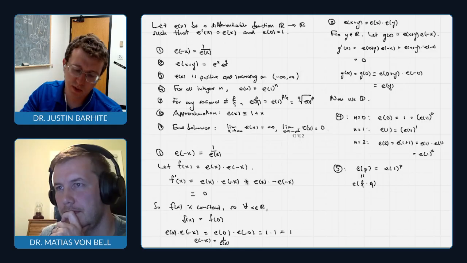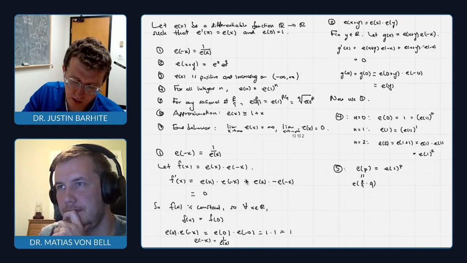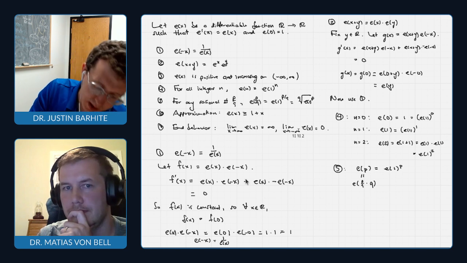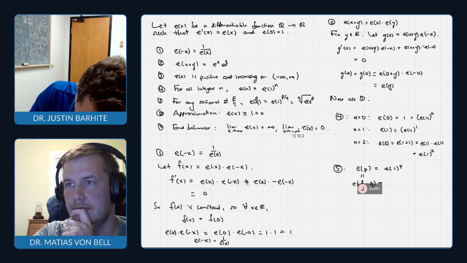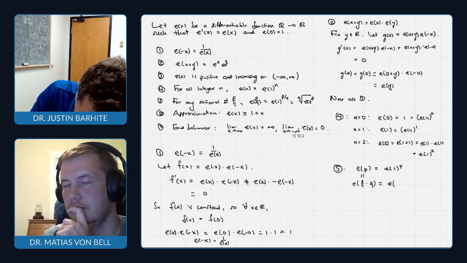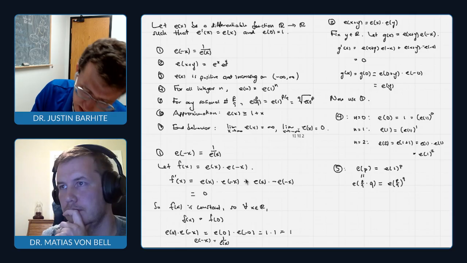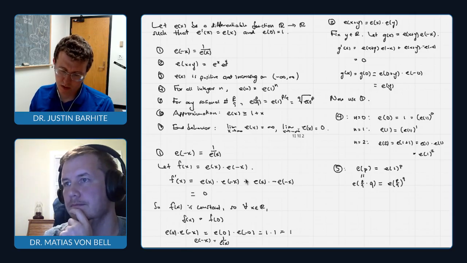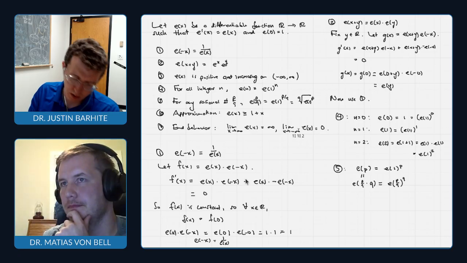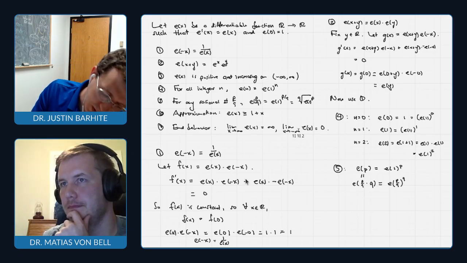And similar to what we did in number 4, because q is an integer, you're going to be able to break this up as e of p over q to the q. That's just repeated applications of property number 2.